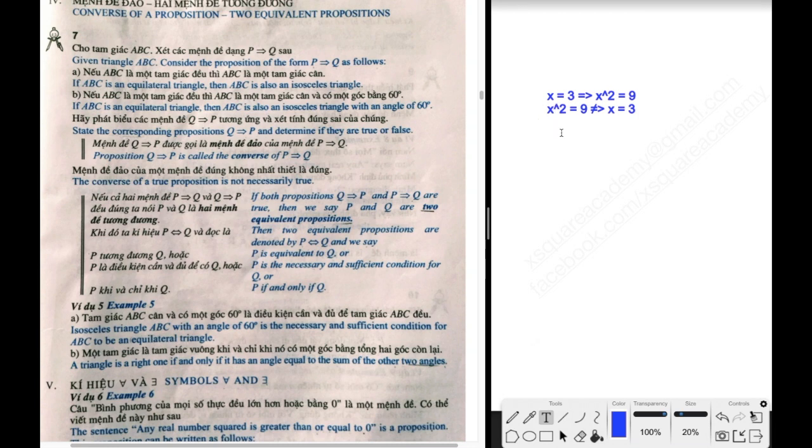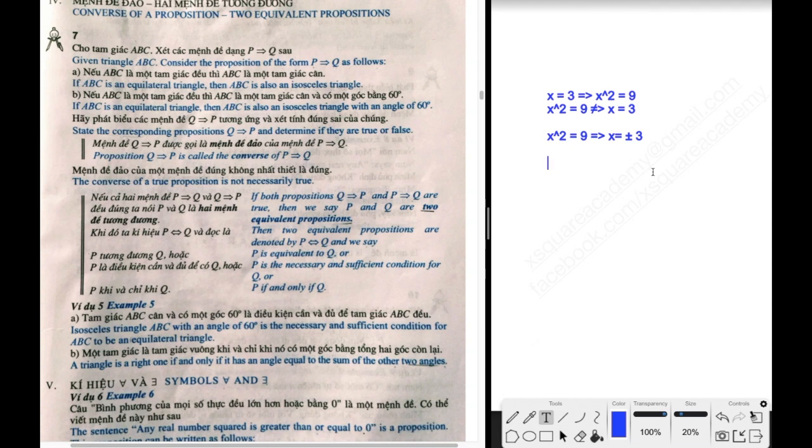In this case, when x squared equals 9, we infer x equals plus or minus 3. So they are not equivalent propositions.